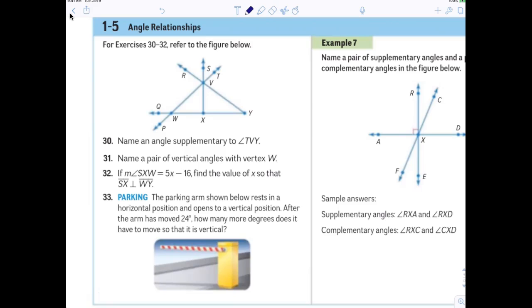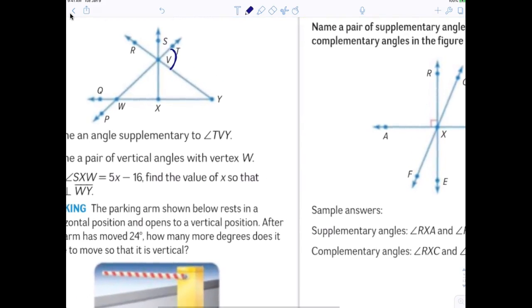30 through 32. Name an angle that is supplementary to TVY. So I'm going to highlight TVY, which is right here, right? So somebody tell me that would be what? SVR. I don't think SVR would do it.